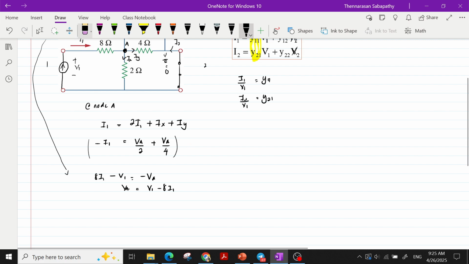Yeah, no need actually. You can just add both of them together. This will produce 3 over 4 VA. These two actually produce 3 over 4 VA.